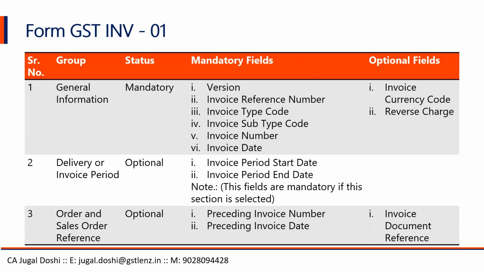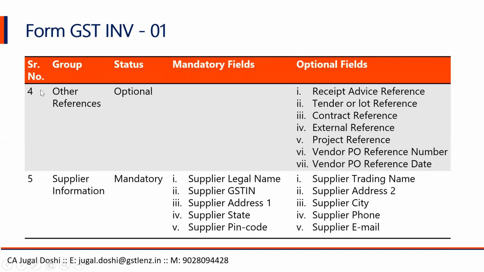You can have a reverse opinion also, give as little as possible, so that you have chances to do some adjustment, etc. But I feel it won't work in the GST era, and hence we should give maximum details possible. So yes, in my PPT, I have covered the complete GST INV1 form.